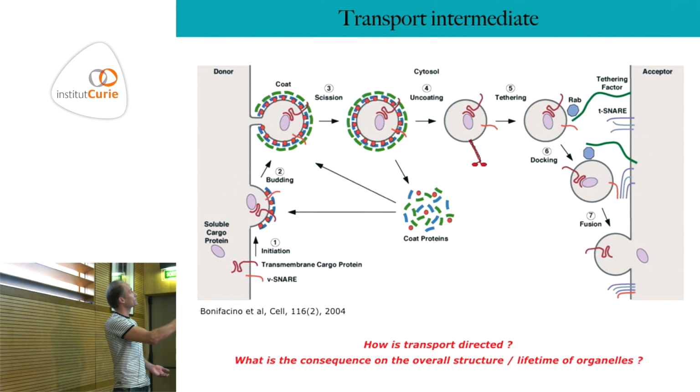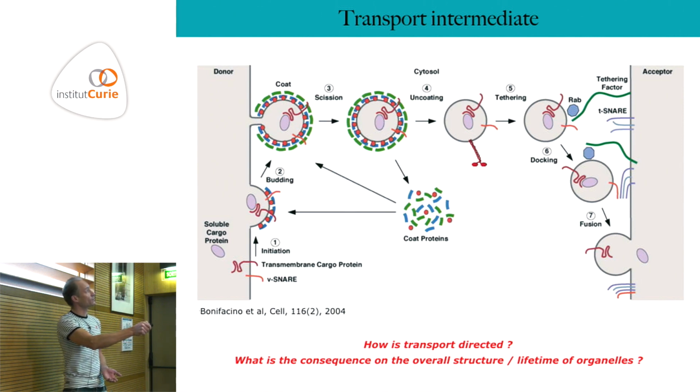And then this vesicle is cut from the donor by some proteins. The coat disassembles to form a new vesicle, and this vesicle is then transported, often through molecular motors that interact with the cytoskeleton. When it reaches the acceptor compartment, you've got more local interactions between proteins that lead to the fusion and to basically the transport of the cargo from here to there.